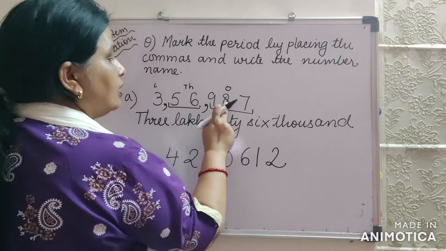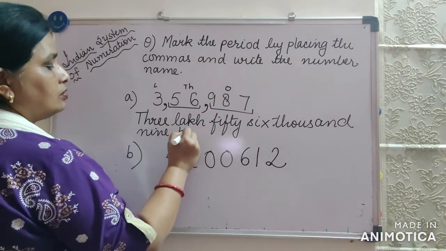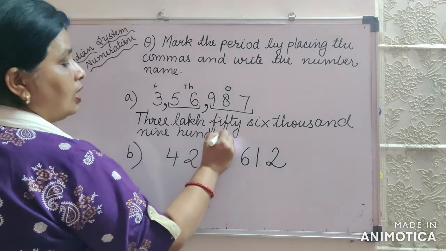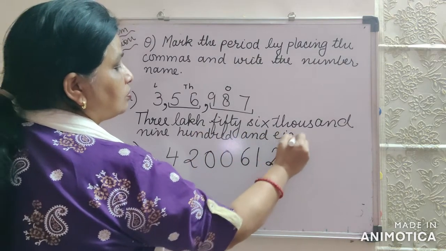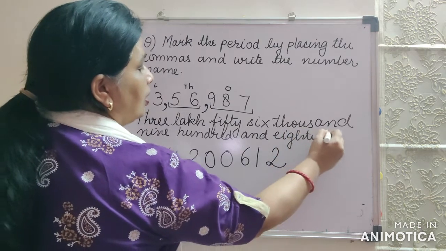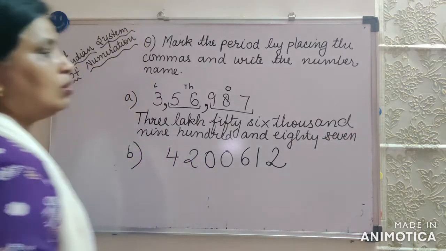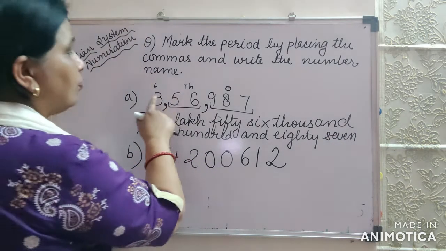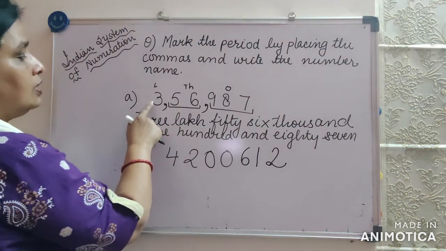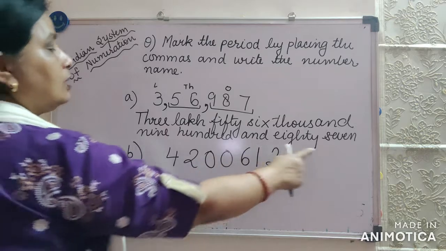Then 900 and 87. So children, in the ones period, at last you will not write down ones. But in lakhs and thousands, after the number you will write down the period name. 3,56,987. But not in ones.